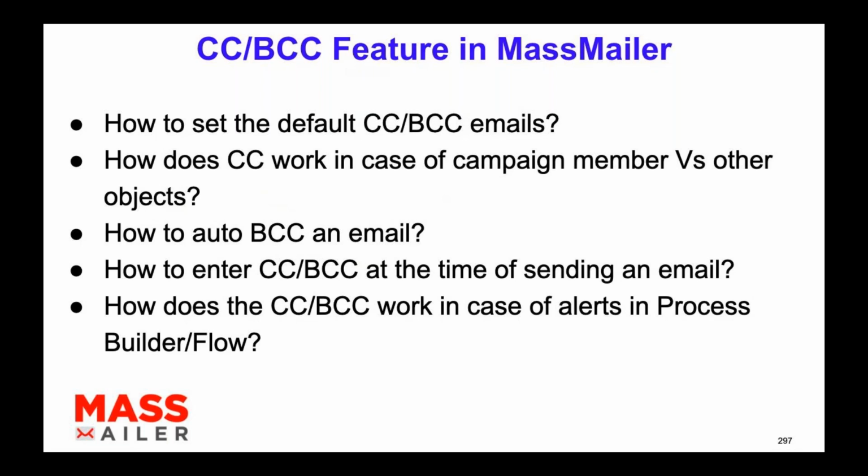And how do you auto BCC an email? This is important for compliance purposes. Maybe you want to archive your email data, and then you need to auto BCC a specific email address that gets forwarded to that BCC email, which gets stored in the archival system.